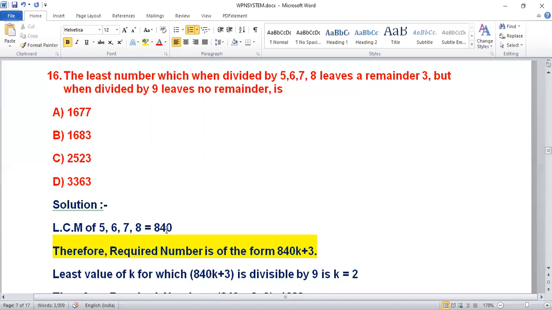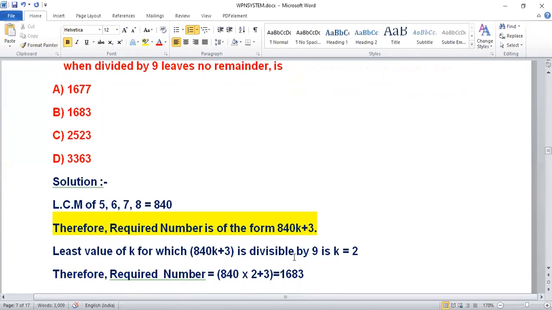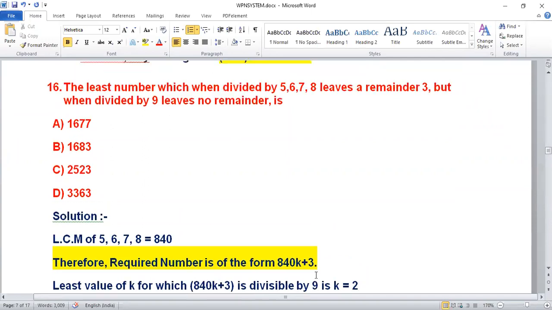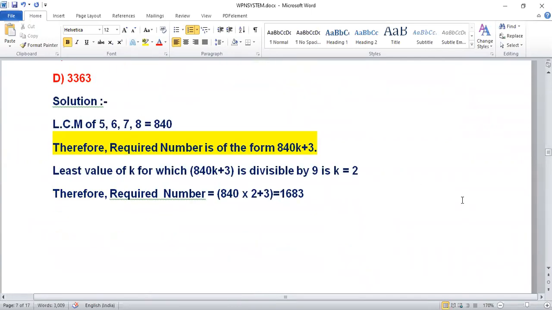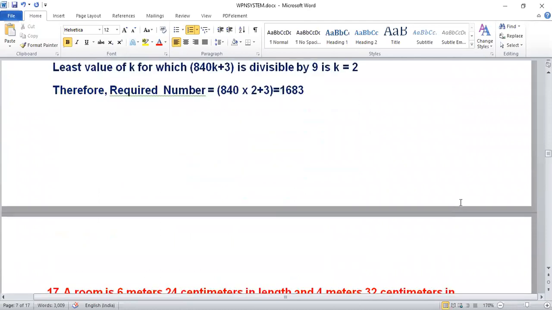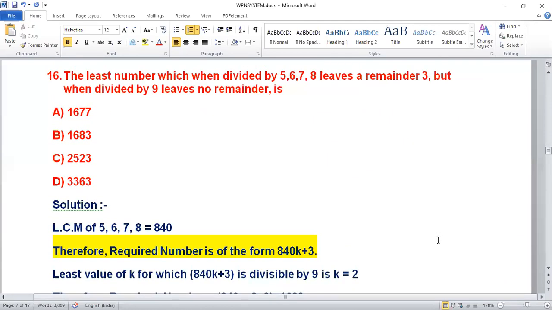It comes out to be 840. So the required number will be of the form 840k plus 3. If we put k equal to 1, k equal to 2, we can try the various combinations. For k equal to 2, we are getting 1683. So 1683 when divided by 9 has no remainder. So the required number will be equal to 1683.